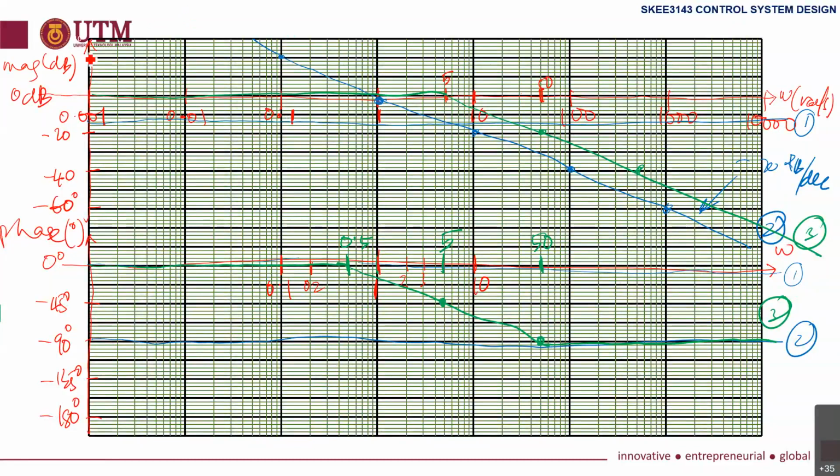Component 2 is 20 dB. Component 1 is minus 40 dB. So if we add, it will be 20 plus 0 minus 40, which is minus 20 dB. So it will be here. Add together.